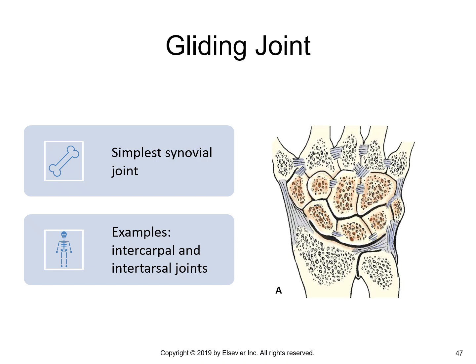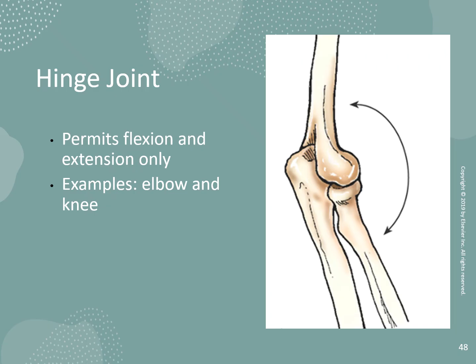So intercarpal and intertarsal joints, your carpal bones, as you move your wrist around, it's not a grand motion, but there are subtle changes in the position of your carpal bones relative to each other as you roll your wrist around or flex and extend your hand. Your carpal bones change position relative to each other ever so slightly. Okay. It's not an aggressive motion, it's a subtle motion.